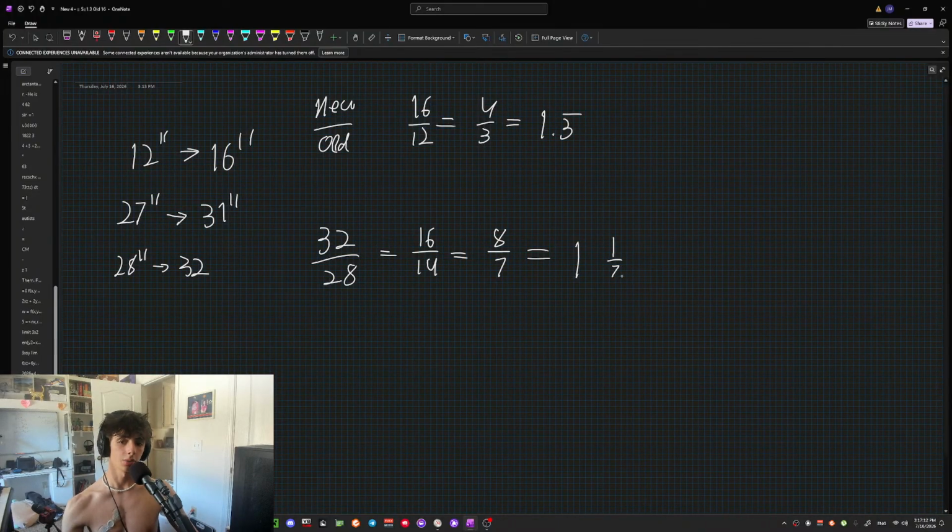And that's a way smaller difference than 1 1/3. That's 3 over 21 versus 7 over 21.